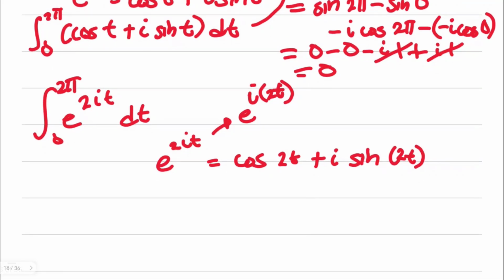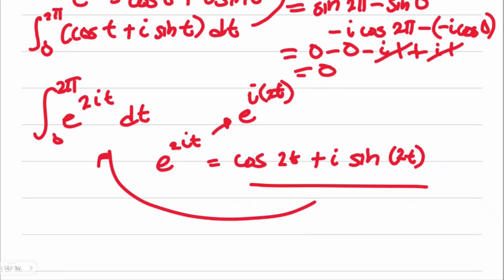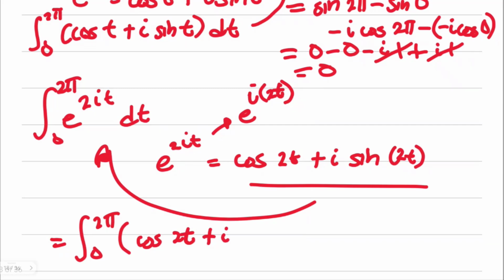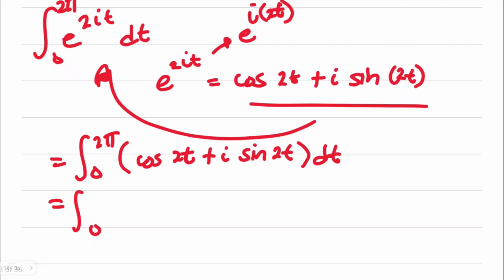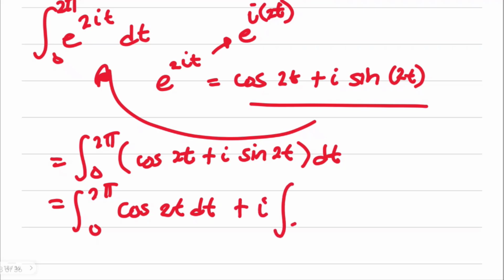So if this is to be returned here, that's actually the integral from 0 to 2 pi of cosine 2t plus i sine 2t dt, which would be the integral from 0 to 2 pi of cosine 2t dt plus i times the integral from 0 to 2 pi of sine of 2t dt.